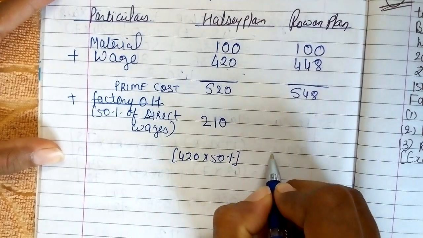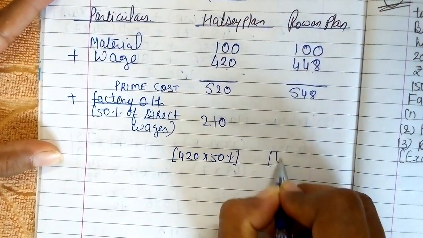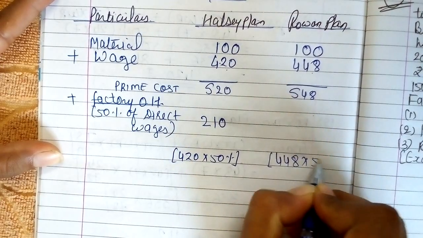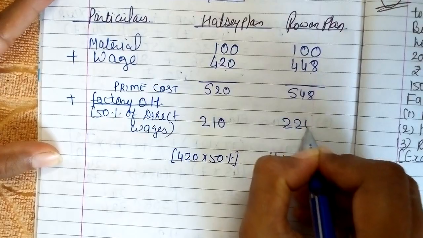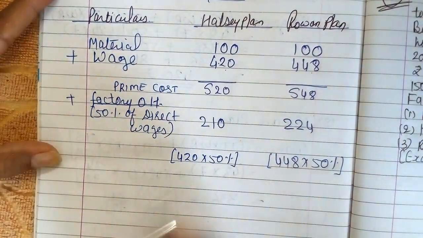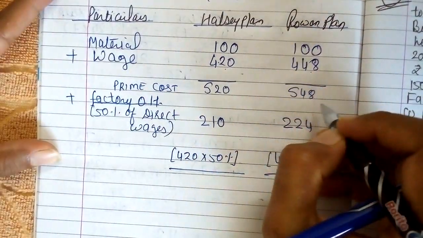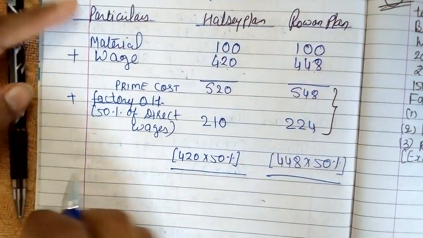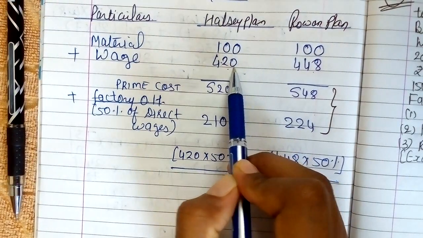And under Rowan plan, wages are 448, so 50% of 448 would be 224. By adding this to prime cost and factory overheads, I repeat, material plus wages as per respective plans.